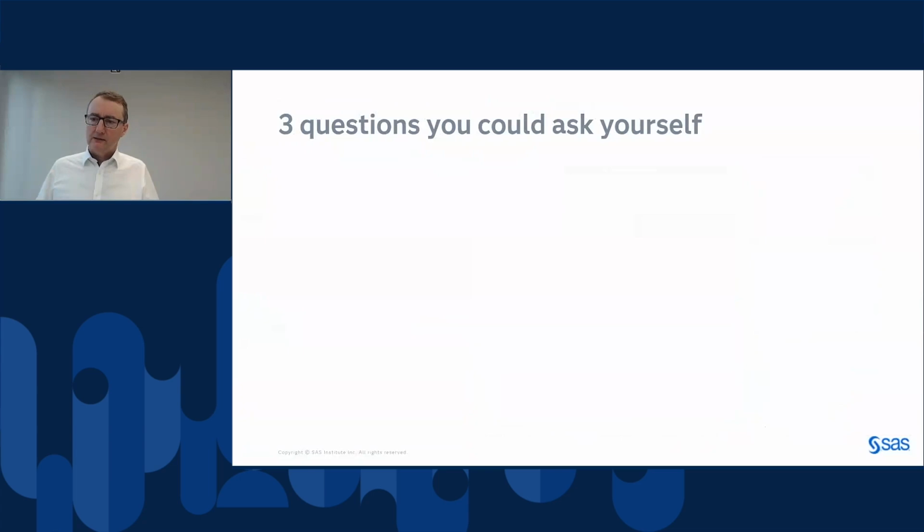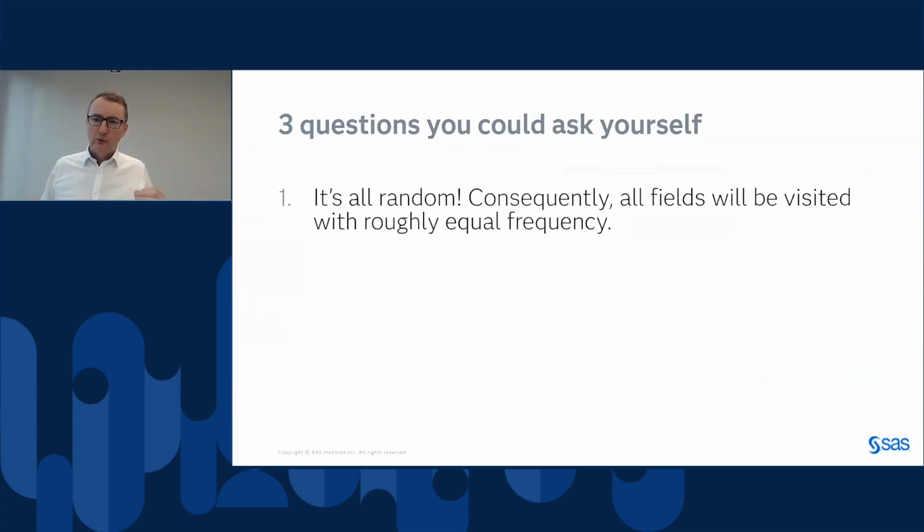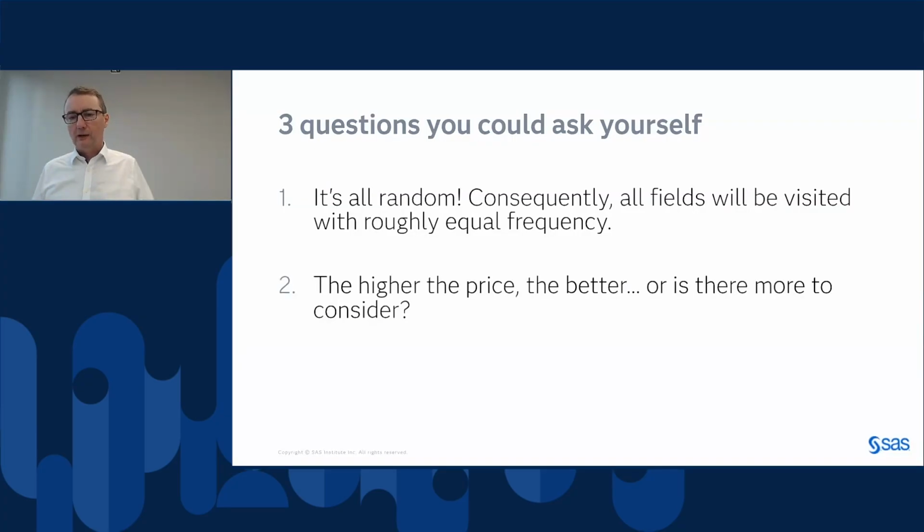I would take a look together with you at 3 example business questions that we could ask now. So we could, for example, say, yes, we have a dice. It's all random. The dice is random. Consequently, if we use the dice to circle around the board, all fields will be visited with roughly equal frequency. This could be question number 1. Question number 2, we always are intended to buy the expensive properties.